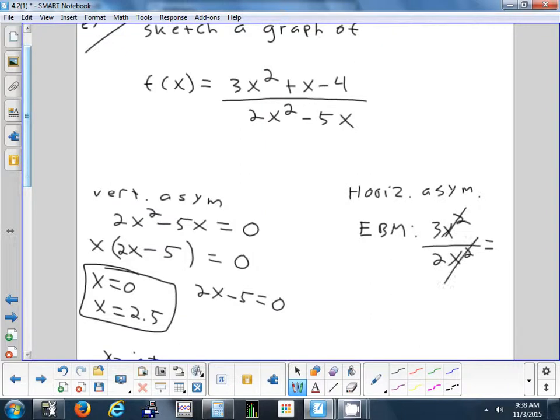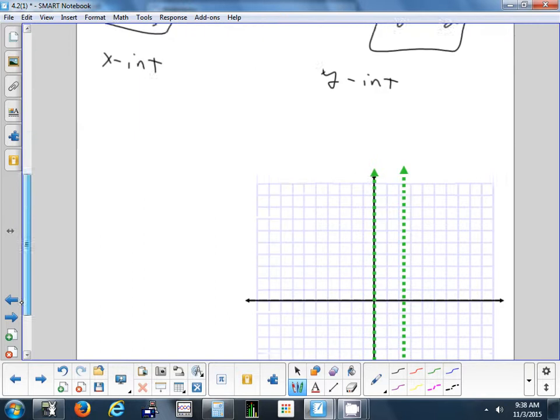Yeah, the same term in the top and bottom. And the behavior model is 3 over 2. What happens if you let x get really big in that fraction? It just stays 3 over 2. Or if you're looking for the decimal, it's 1.5. Okay, so put a horizontal line in at 1.5.